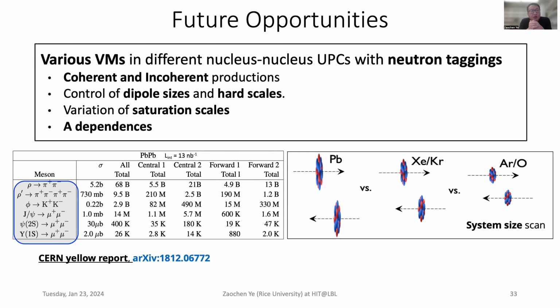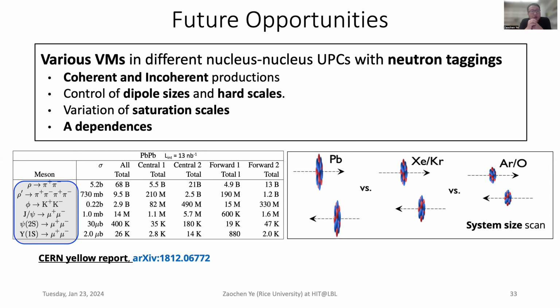So in the future, we're going to measure various vector mesons in different nucleus UPC collisions with the neutron taggings.